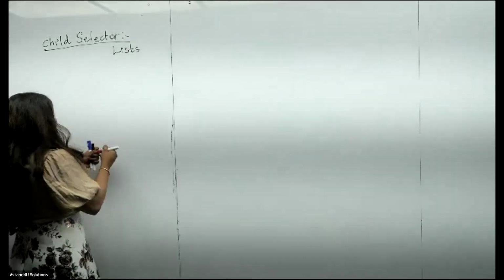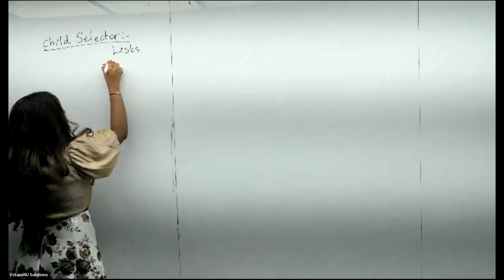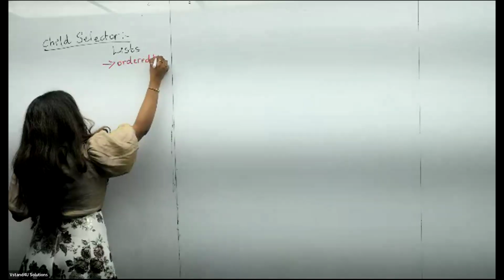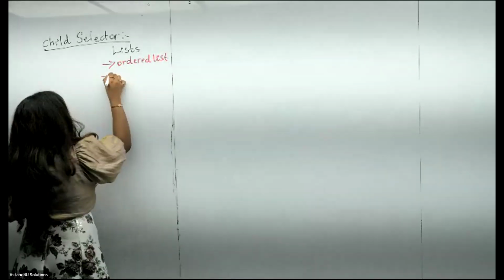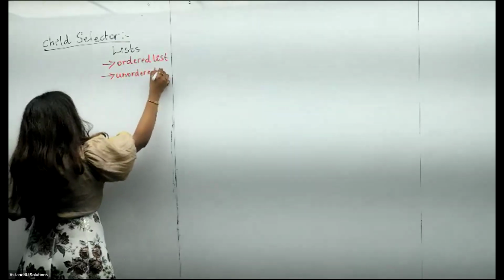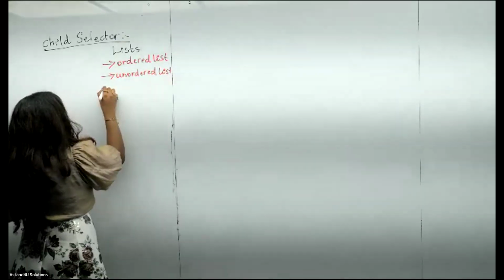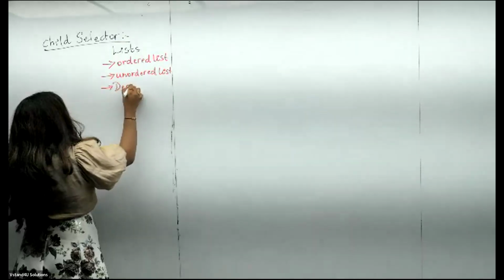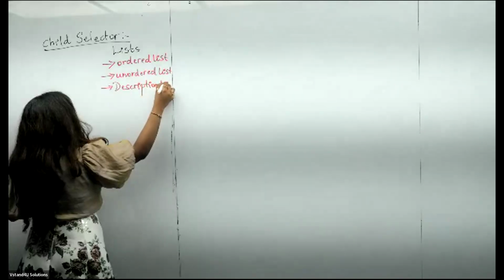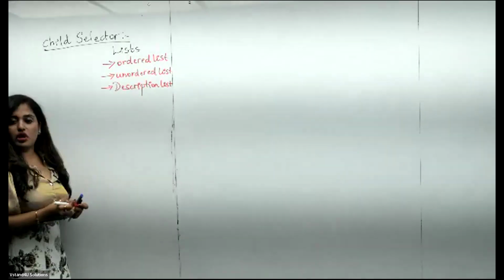The very first type is ordered list. The next one is unordered list. And the last one is description list. You learned this one.